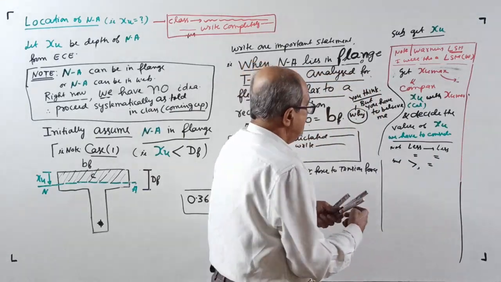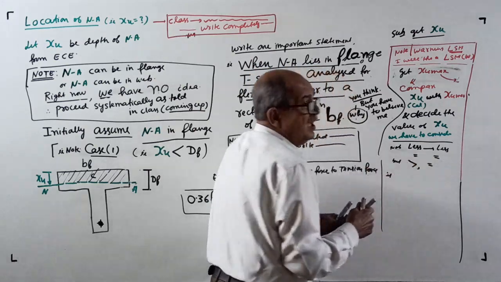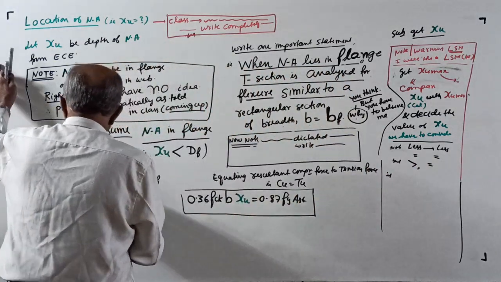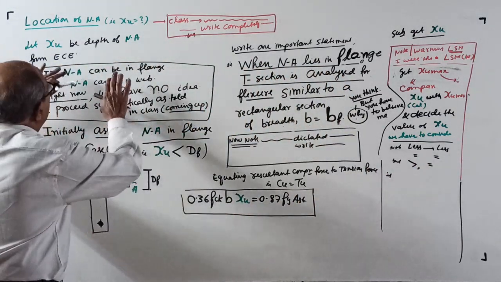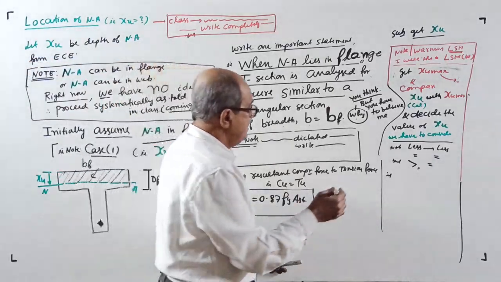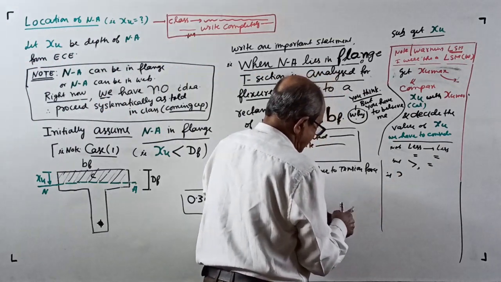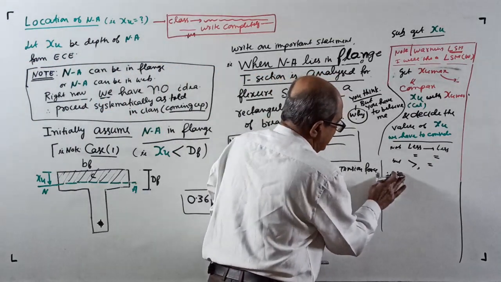Okay, now start. This xu has nothing to do with your assumption of neutral axis in the flange or web; that will all be later. If you get xu, same color I will maintain. If it is late also, no problem. Systematic means systematic only.